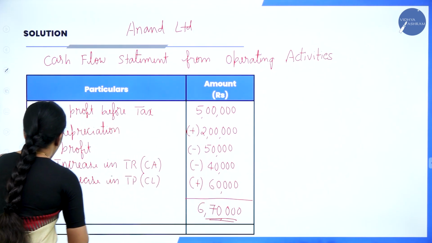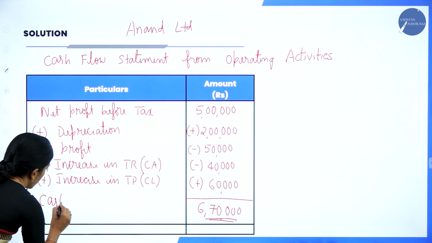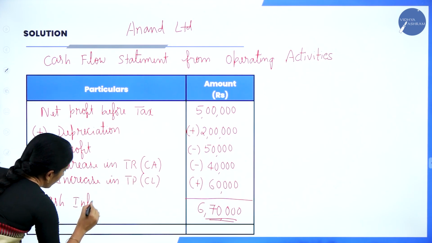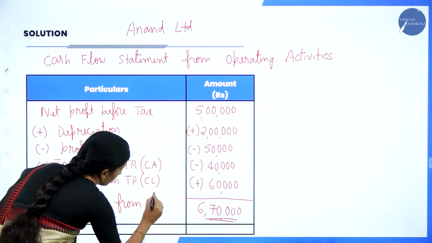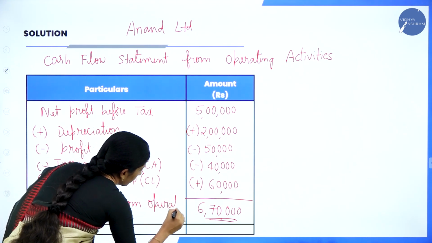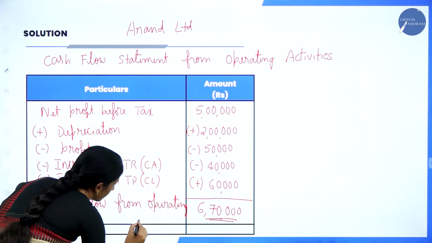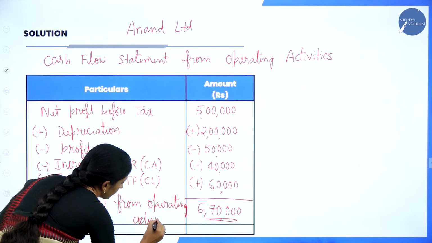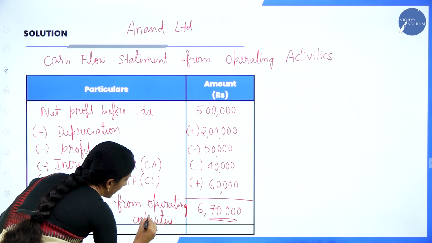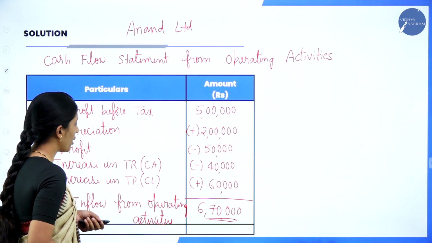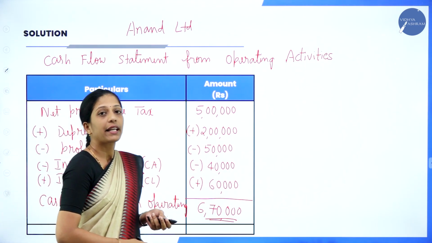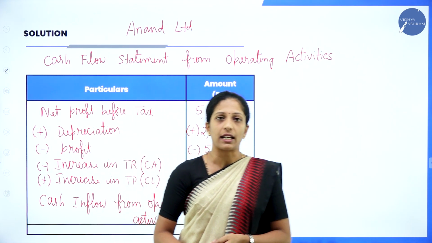So, it is cash inflow from operating activities. So, hope you are clear about it. So, this is a cash flow statement from operating activities.